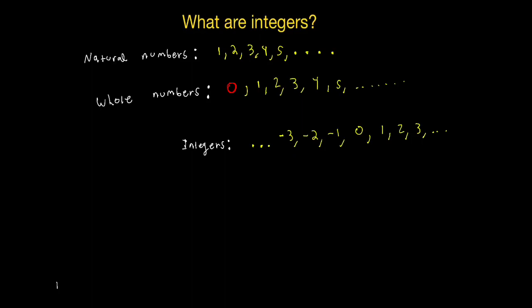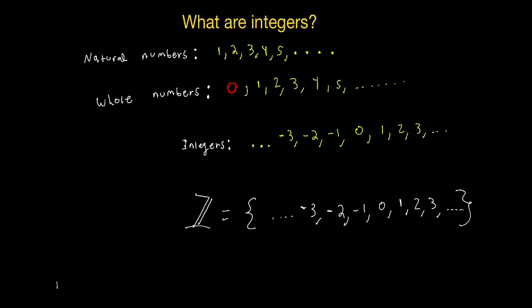So in German, the word for number begins with a Z, and hence why we use a special striped Z to denote the set of all integers. So again, I just want to point out that integers are these kinds of numbers, and I'm going to be referring to them for the next examples.